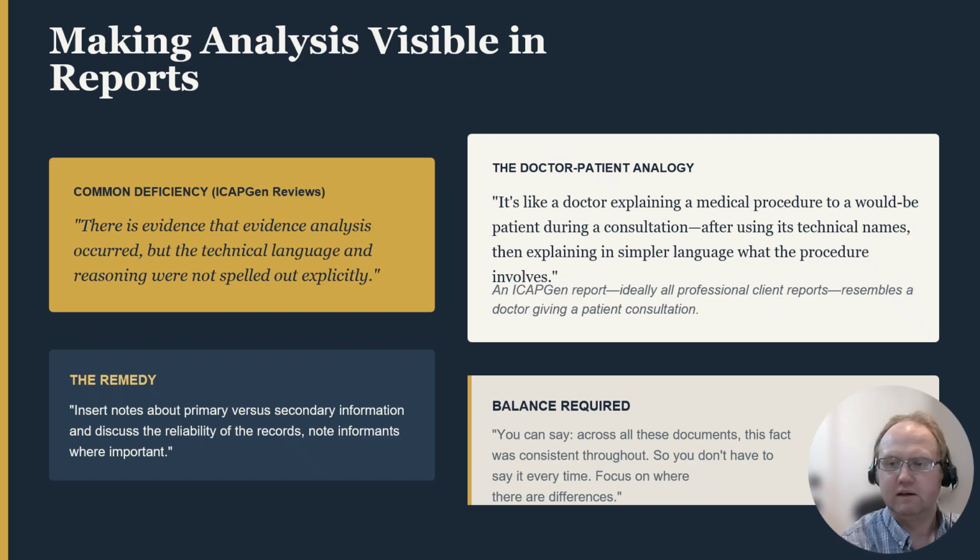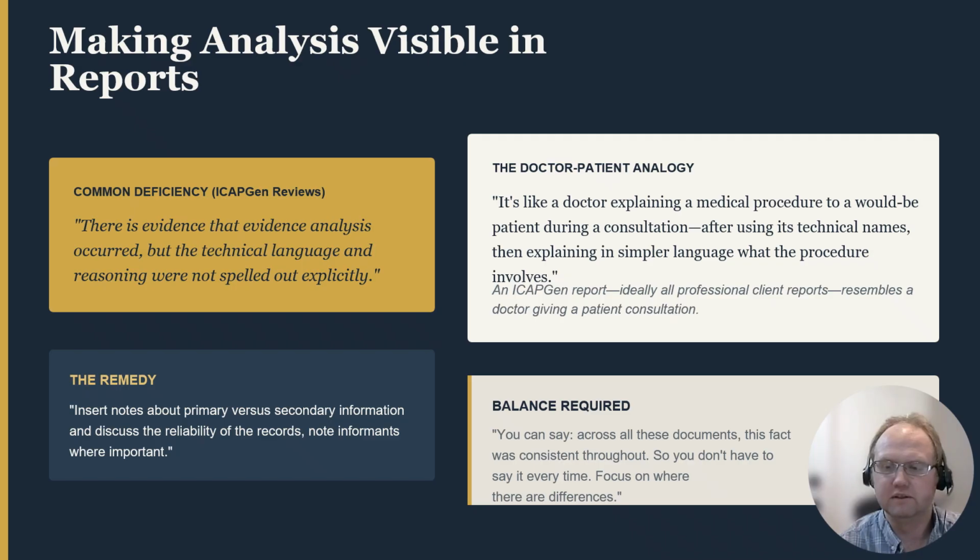But there's a balance. Like I mentioned before, you don't necessarily have to say this document said this, and also that was said on here, here, and here. If there's no conflict, you can simply say that across all documents this fact was consistent throughout.